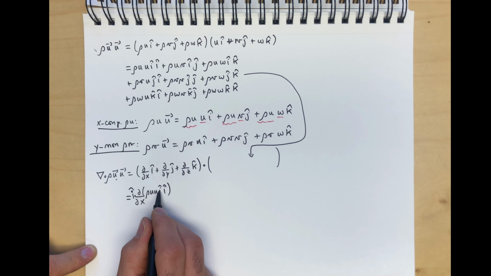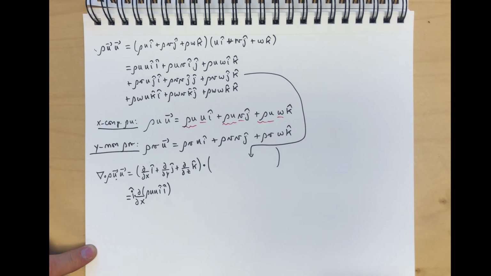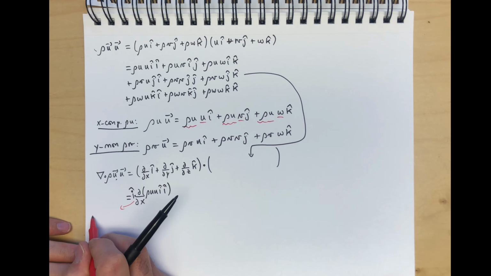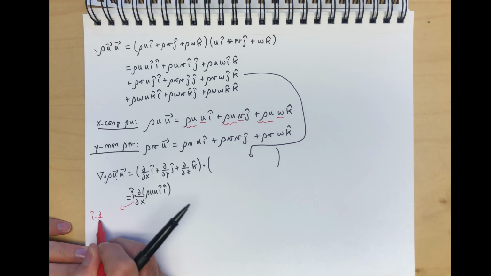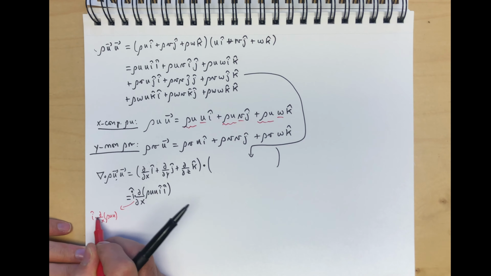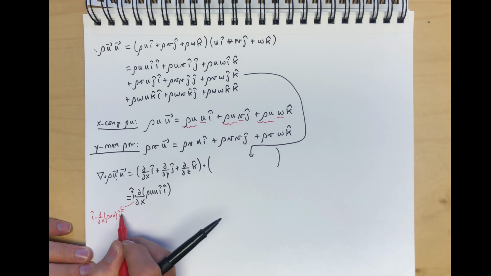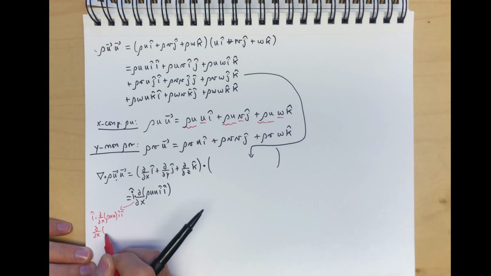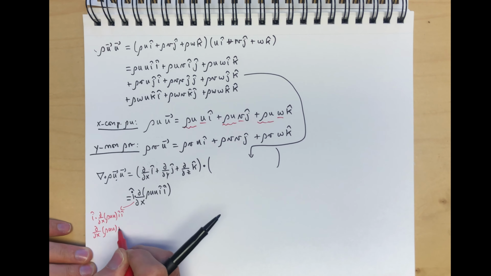However, for cylindrical and spherical coordinates, the unit vectors can change with direction, so you have to be careful. It just so happens in this case that we get i dot d by dx of rho u. So i dot i is 1, and you get d by dx of rho u i.